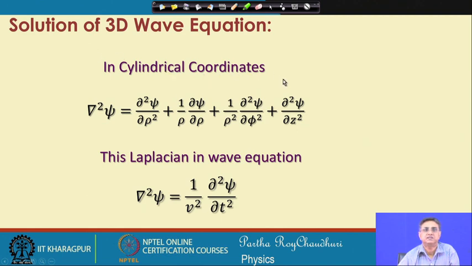So, the Laplacian in cylindrical coordinate system comes through this equation for psi. So, del square psi will be involving del square by del rho square, 1 by rho del by del rho and the azimuth part. The Laplacian in the wave equation gives you the wave equation in this form.